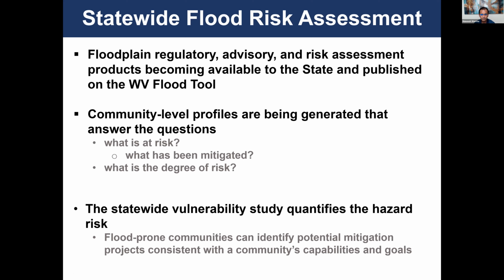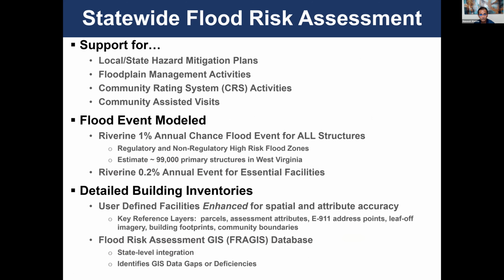And hopefully, once that gets quantified, these flood-prone communities can identify potential mitigation projects which are consistent with their community's goals. All this effort is being done to support local or state hazard mitigation plans, and to support floodplain management activities, including communities which are trying to move towards CRS.